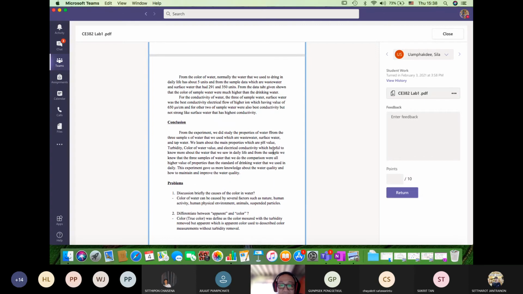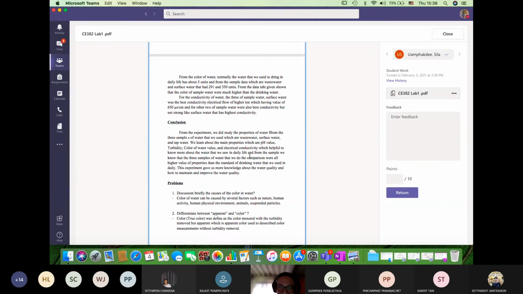Conclusion. Conclusion should be with respect to the objectives. Although in these reports you're not supposed to write the objectives, the conclusion should be with respect to the objectives.